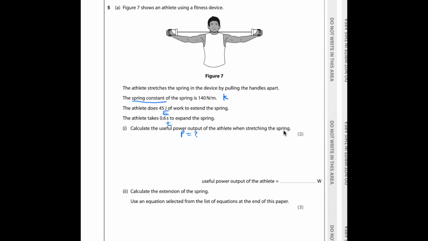So what equation do you know that relates power, energy, time and spring constant, or at least some of them? Well, we know that power equals the energy transferred, or the work you've done, divided by the time taken.